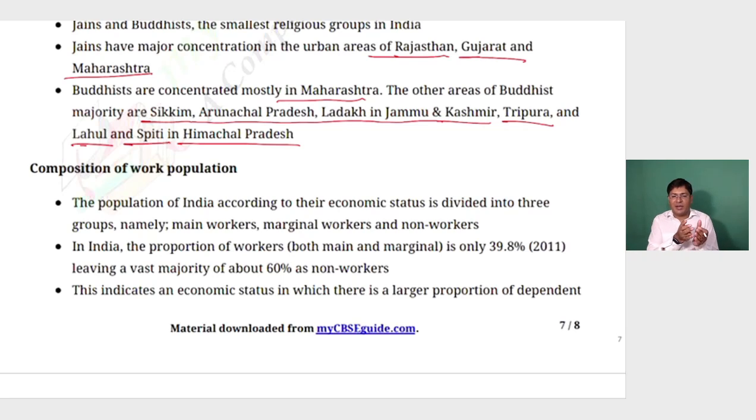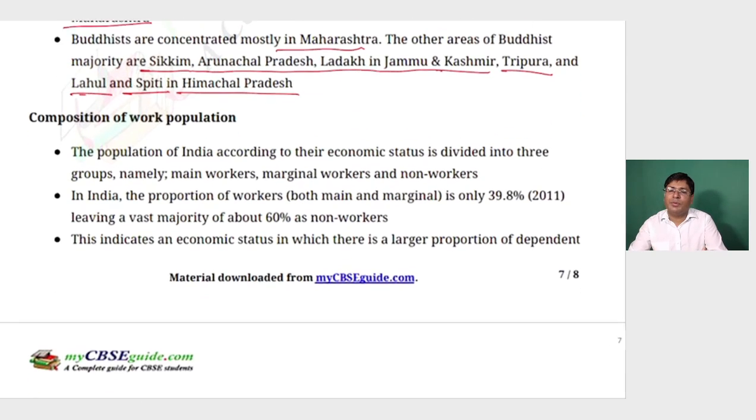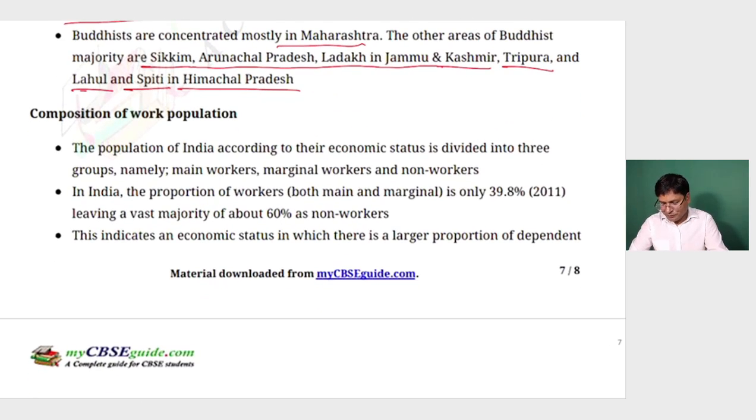Just like the people in the business sector have a better lifestyle and better economic status compared to the people engaged in the labor field. So here we will see how the population is composed based on work.